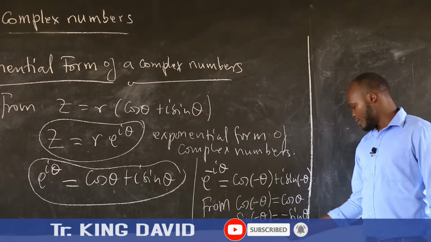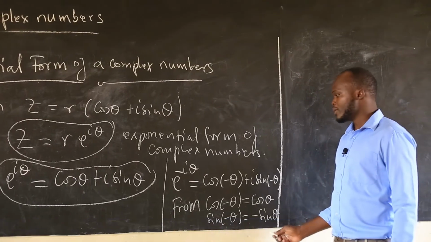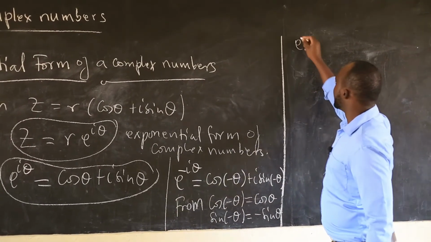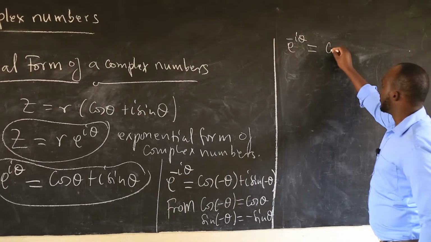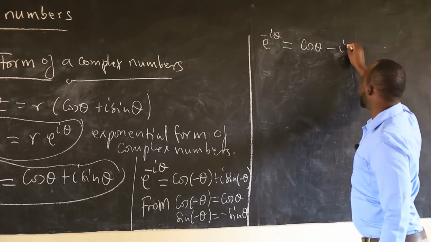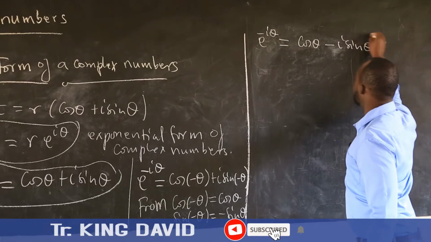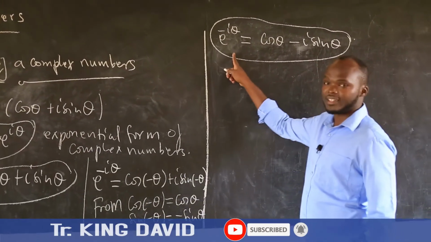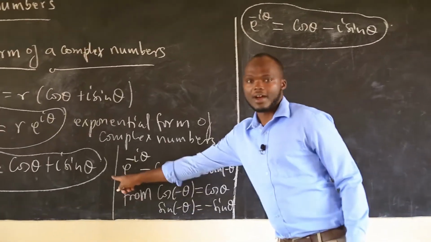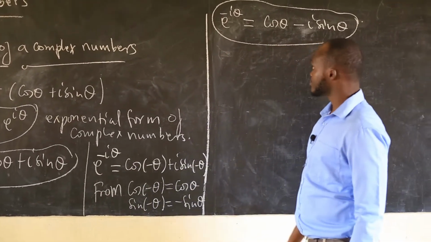Sine of negative angle equals minus sine of that angle. So e power negative i angle will be equal to cos of angle minus i sine angle. So we have e power negative i angle, and now we have e power i angle.